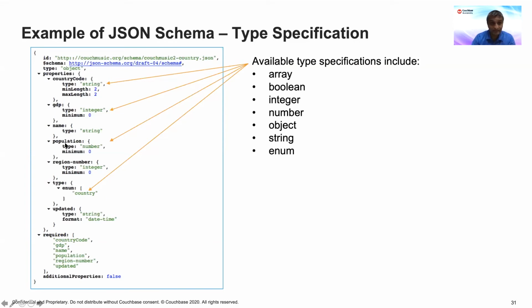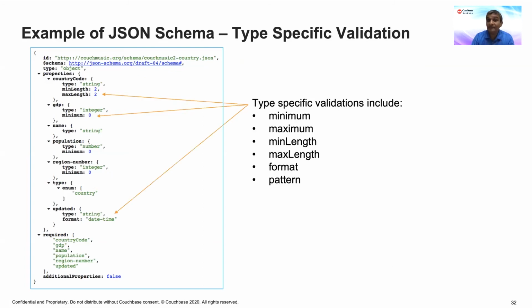In this case, you can see type is a string and the min length is 2, the constraint, right? Min length is 2 characters. Max length is also 2, which means it has to be exactly 2 characters, correct? Different specific validations can be minimum, maximum, min length, max length, format, especially for email format or datetime format, right? Or any kind of regex pattern.